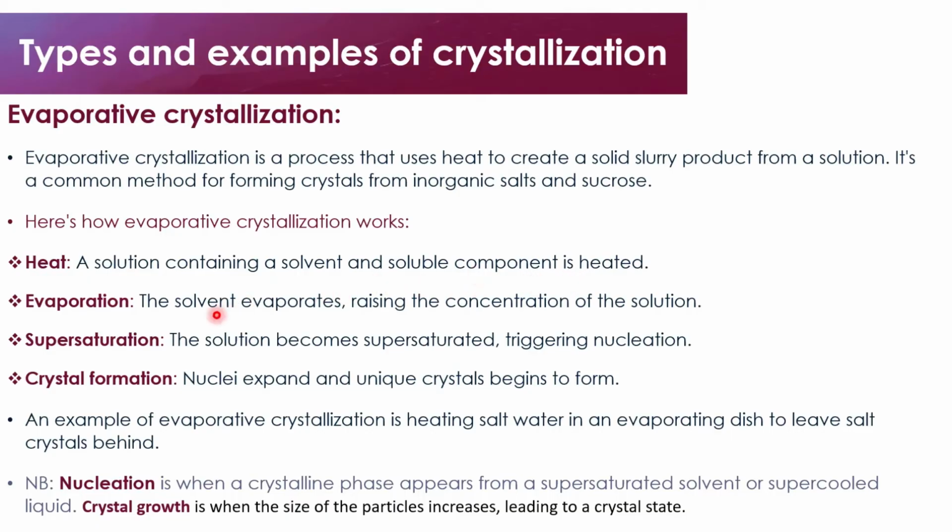Next, the solvent evaporates, raising the concentration of the solution. The solution becomes supersaturated, triggering nucleation, and the nuclei expand and unique crystals begin to form. An example of evaporative crystallization is heating salt water in an evaporating dish to leave salt crystals behind.